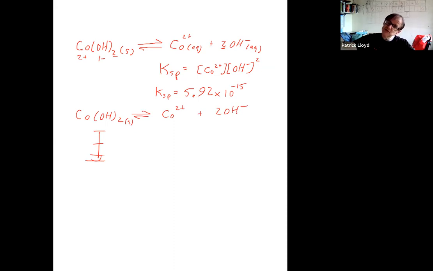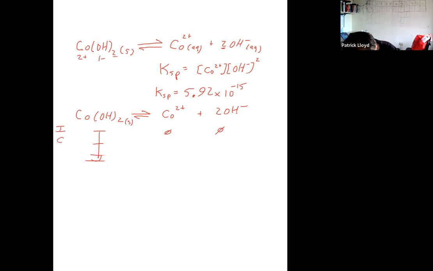But over time, some of it will dissolve. So the initial concentration of cobalt is 0, and the initial concentration of hydroxide is 0. Technically, that's not true because water does form some hydroxide, 10 to the -7 molar, pH 7. But what we find with these calculations is that most of the time we don't need to worry about that. We can ignore it, so we'll just have its initial as 0.